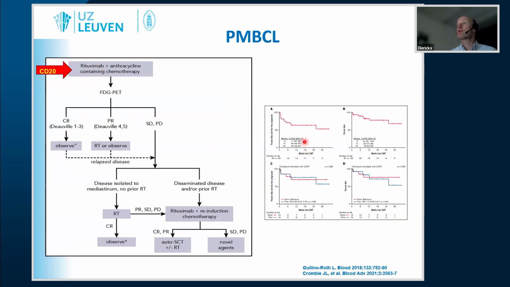There are also some promising results in the relapsed refractory setting with CAR Ts. This is the progression-free survival and overall survival of a study in which primary mediastinal B-cell lymphomas could be included. There doesn't seem to be a difference whether you combine the CAR Ts with checkpoint blockade or not.